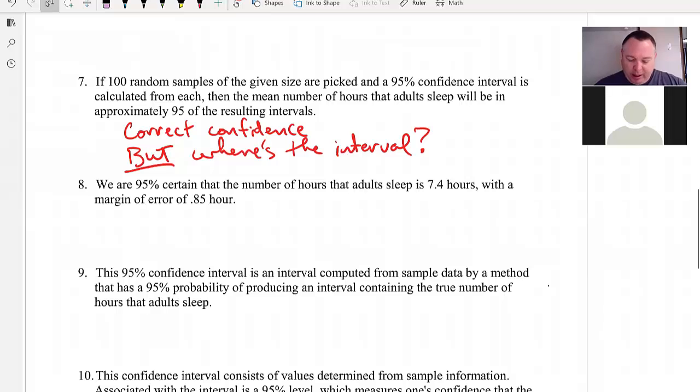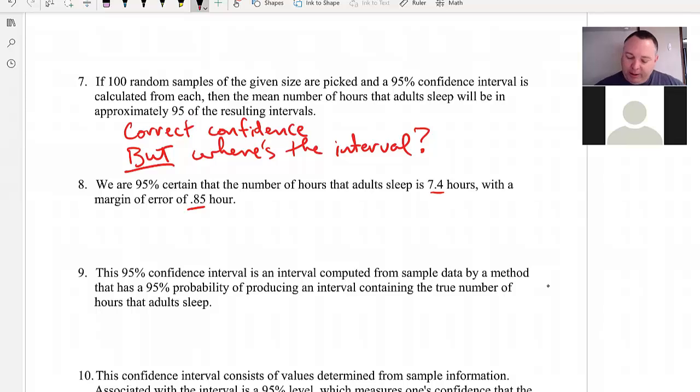Number 8: we are 95% certain that the number of hours that adults sleep is 7.4 hours with a margin of error of 0.85 hours. There's parts of this that are correct. It's implying the interval by saying 7.4 and 0.85. It's got the percentage in there, but its focus is on the 7.4 hours.